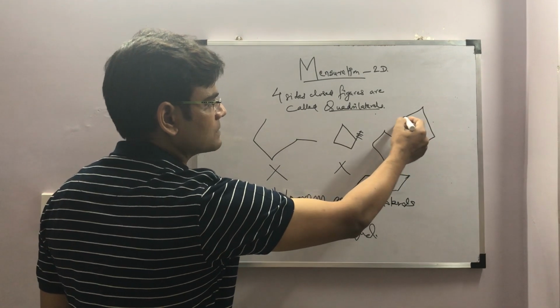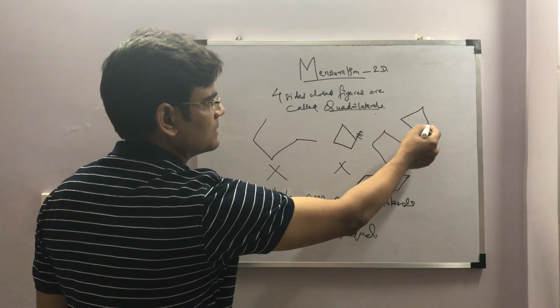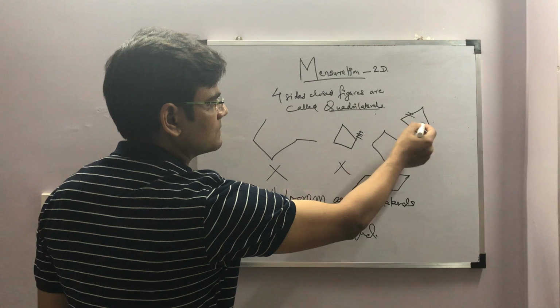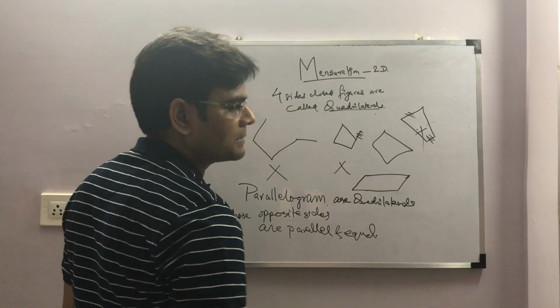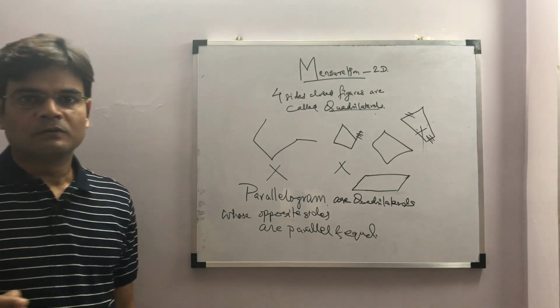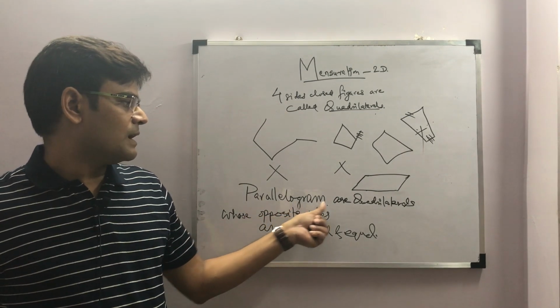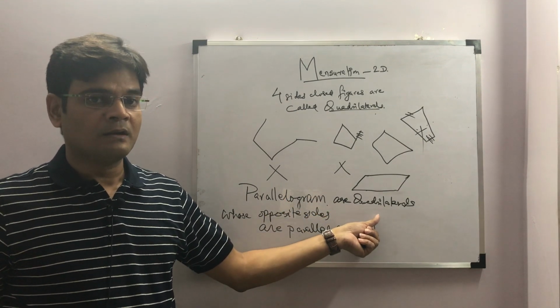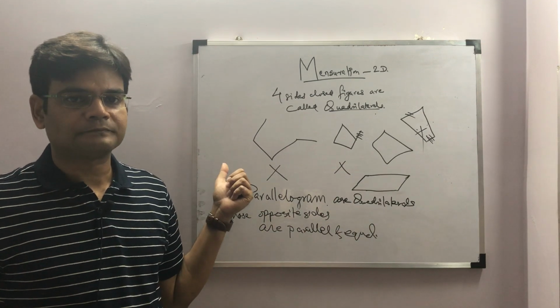No, because this one seems to be parallel, but these two are not parallel and they are not even equal. So this is not a parallelogram, it's a quadrilateral. So all parallelograms are quadrilaterals, but all quadrilaterals are not parallelograms. Clear?